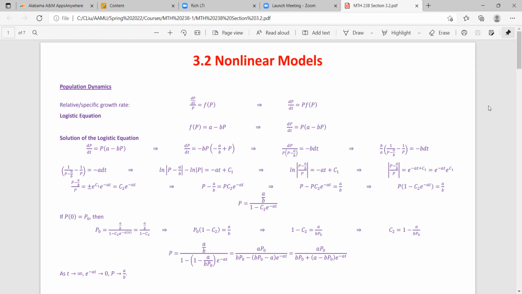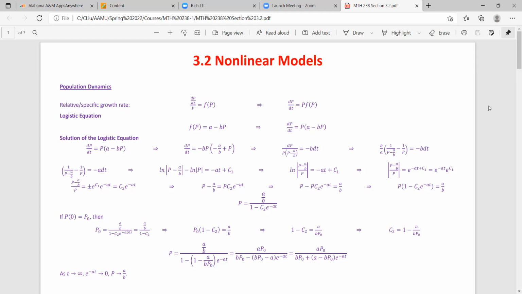Linear is just a simplification of the real situations in many cases. So then we have to deal with nonlinear differential equations. For example, when we talk about the population, we would consider different factors affecting the growth of population.